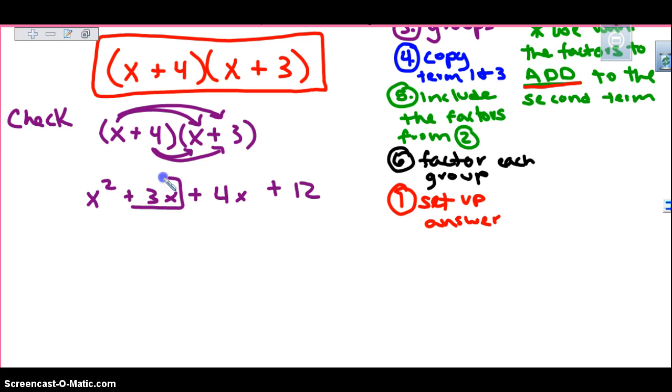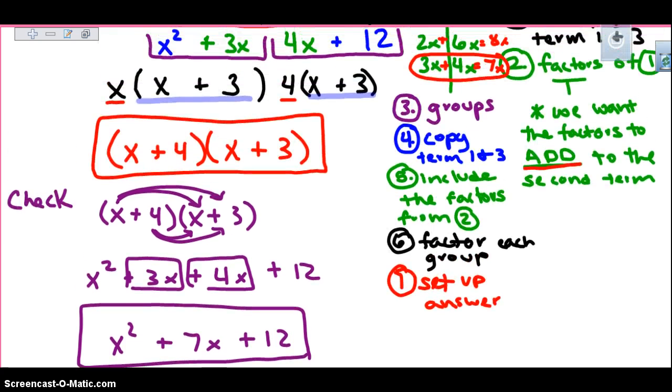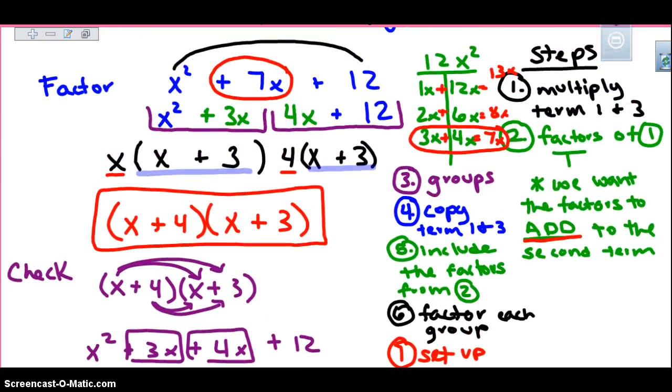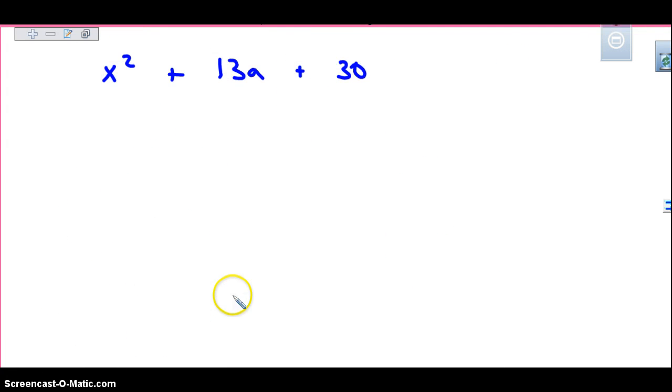If I combine my like terms, x squared plus 7x plus 12. This should be exactly the same as the problem I started with. Is it? That means our answer is correct.